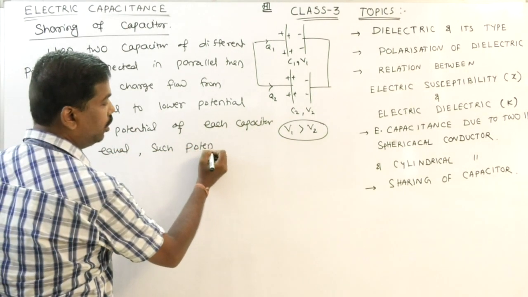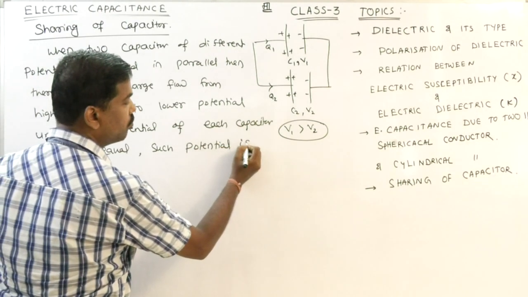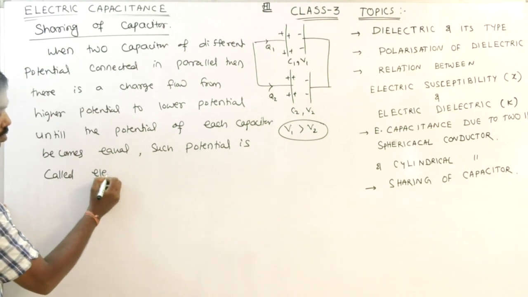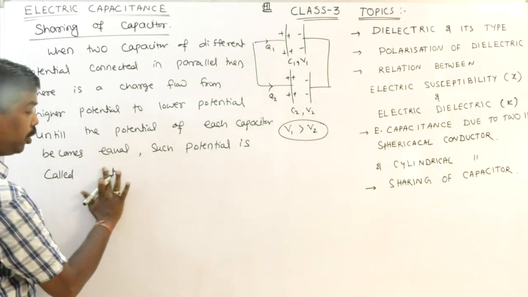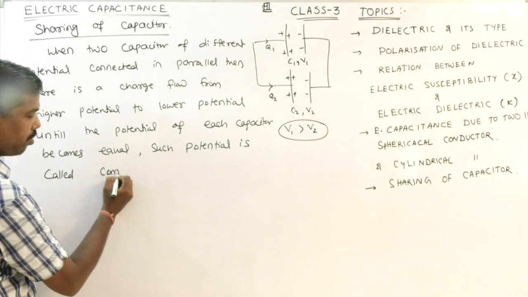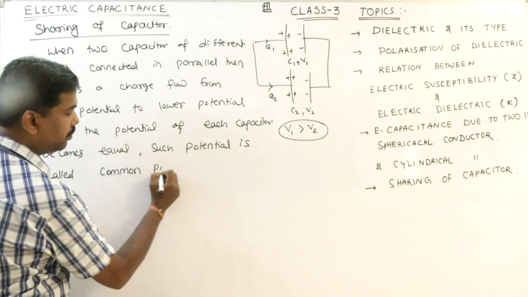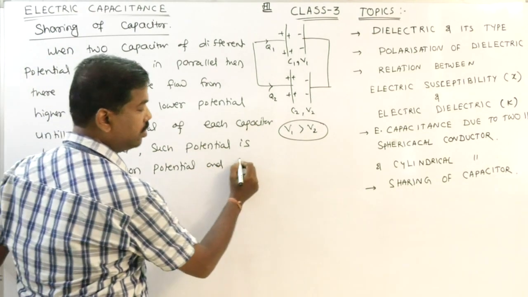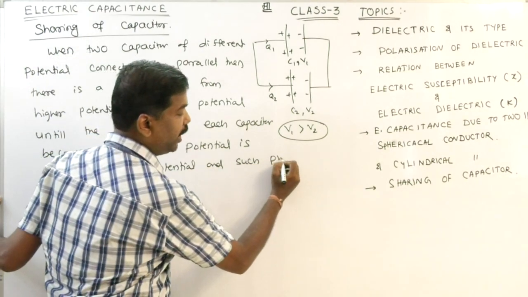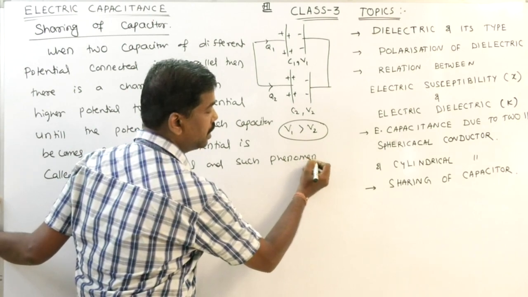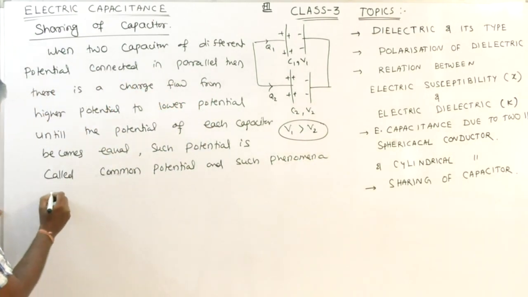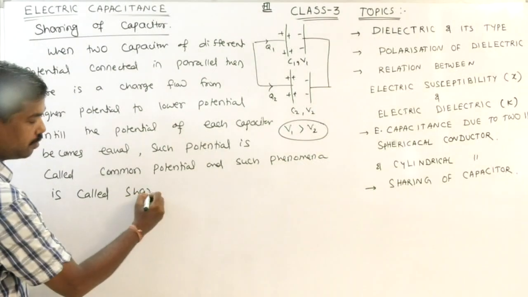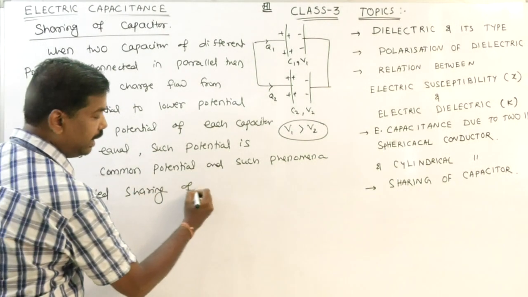Such potential is called common potential, and such a phenomenon is called sharing of capacitors.